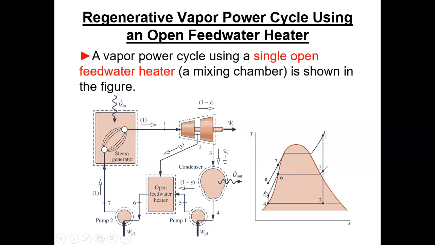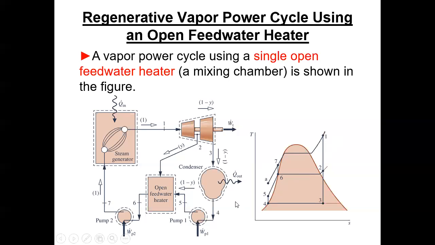Now, this point A is on here as a comparison to the cycle if I don't have the feedwater heater. If I don't have the feedwater heater, I would pump straight up here, and then go in the boiler from A up through 7 across to 1. The point is, what happens to the average temperature during the heat addition?